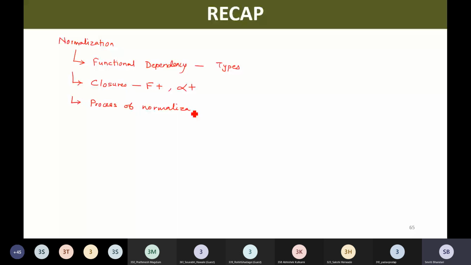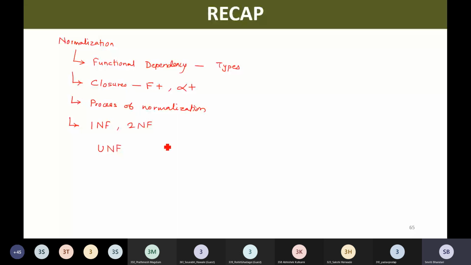Then, if partial dependencies exist in 1NF, we go for 2NF. But while normalizing the relations, we are following one important process, and that process is the decomposition of relations.